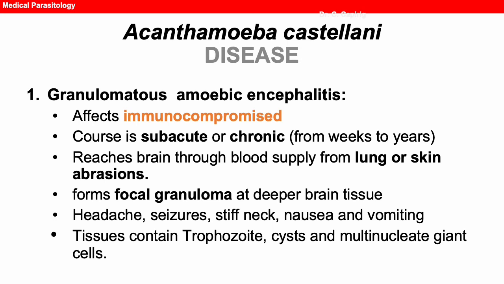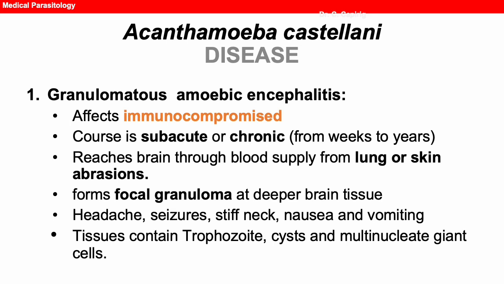For Acanthamoeba castellani, this is also unique because the course is subacute or chronic, meaning it takes a long time to develop. And please take note of the granulomatous formation. They form granuloma in deeper brain tissue.